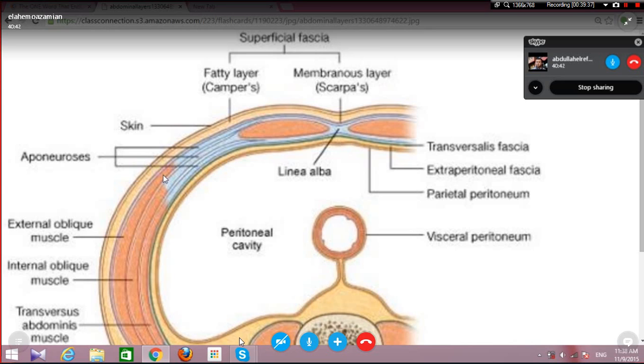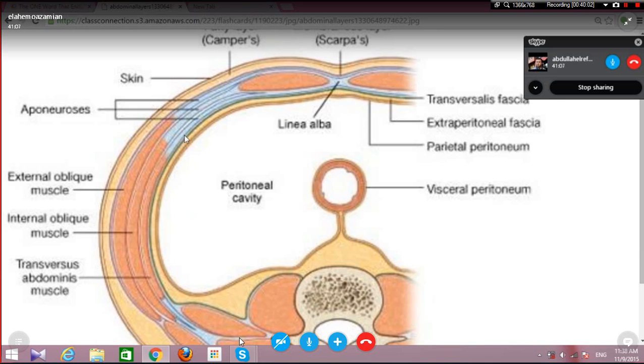Do you see the aponeurosis of external oblique? They go anteriorly to the rectus abdominis. The aponeurosis of internal oblique is split into two. One layer goes anteriorly, one layer goes posteriorly. Then the aponeurosis of transverse abdominis goes posteriorly.